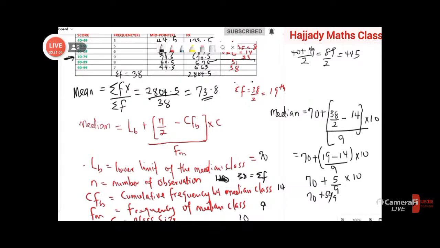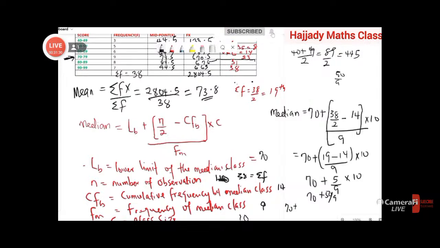You can solve that using your calculator. So we are going to have 70 plus 50 over 9, because I am doing this without using a calculator. We know that 50 over 10 is 5, right? So let's do that here.